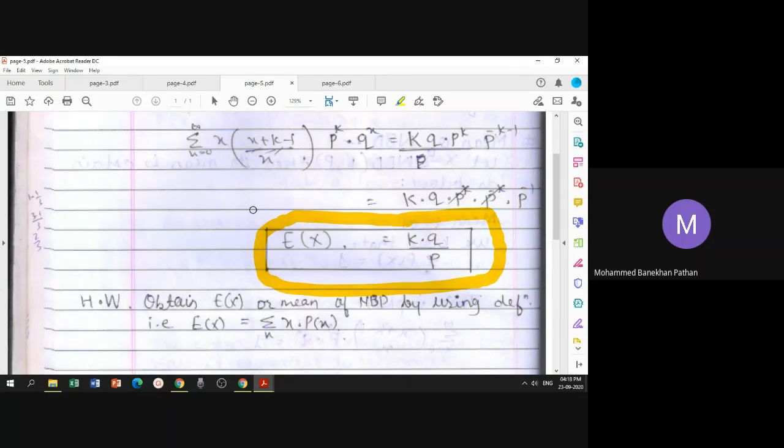What is the relation between geometric and NBD? If you want to go to geometric with the help of NBD, what change do you have to make? K equals 1. Good, good.